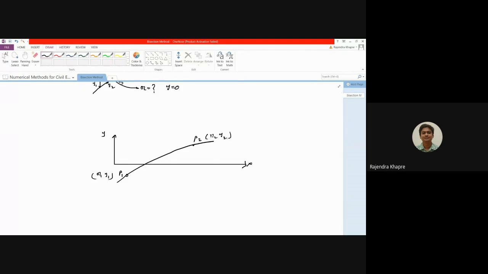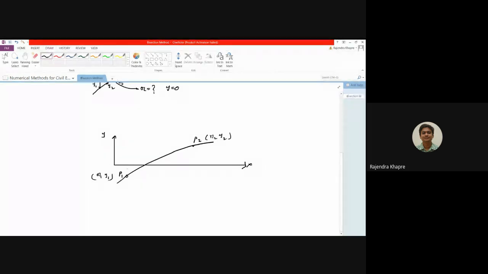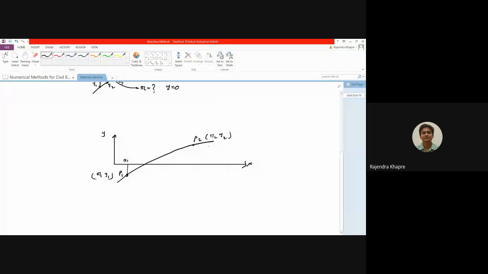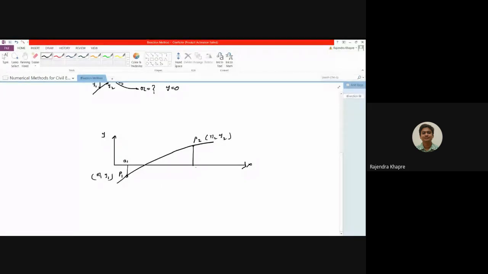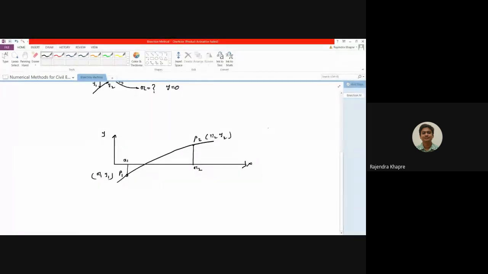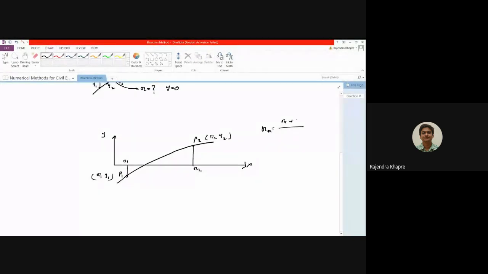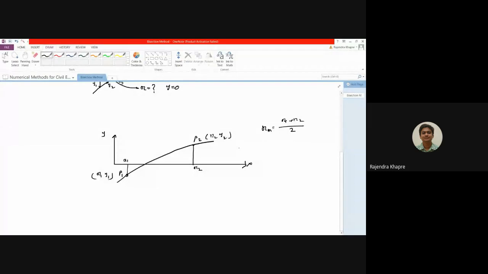If you bisect these 2 points and go for only x, this value is your x1, and this value is your x2. If you calculate x mean, that is x average, it will be x1 plus x2 divided by 2. Graphically, your xm will reach somewhere over here, which is exactly the mean of x1 and x2.